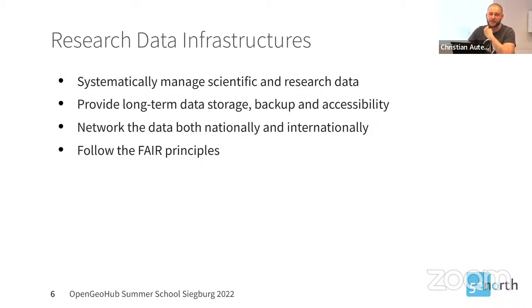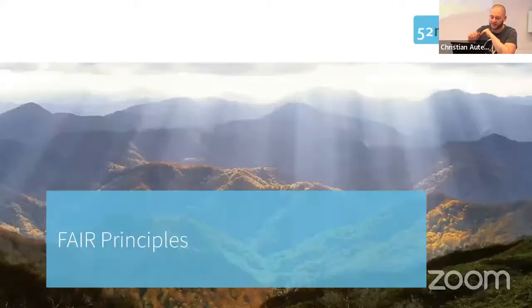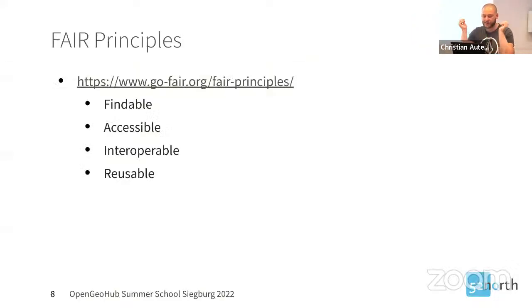I'm not sure if you're familiar with the FAIR principles, if they were already covered in another session. That's why we are having a short look at that. So the FAIR principles are basically that data should be findable, accessible, interoperable, and reusable. Sounds a little bit duplicated.